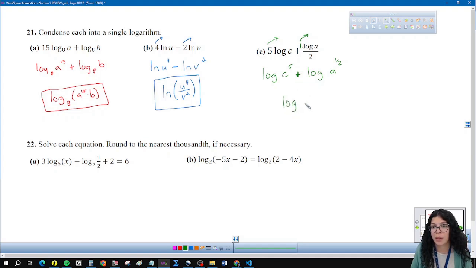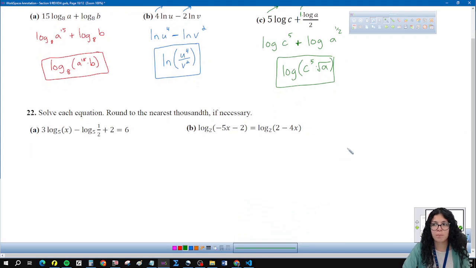So I'm going to do a log, and then c to the power 5 multiplied by a to the power 1/2, which is the square root of a. Okay, you can put the parentheses around the log number, or leave them off. If you don't put them, it's assumed that the first term is what the log is for.